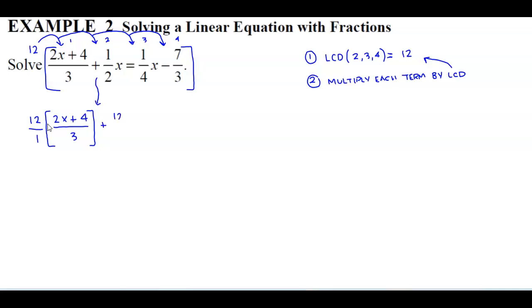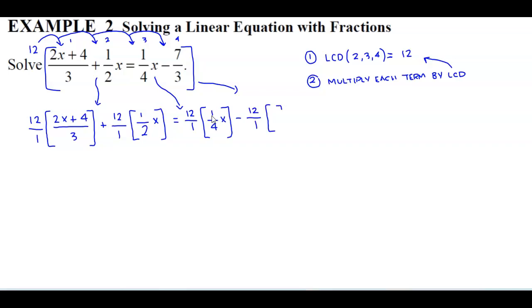And again, we're going to multiply 12 over 1 times the next term, which is 1/2 x, equals. The next term, we're going to take 12 over 1, and then we're going to multiply that by 1/4 x. And then minus the last term is going to be 12 over 1 times 7 over 3.